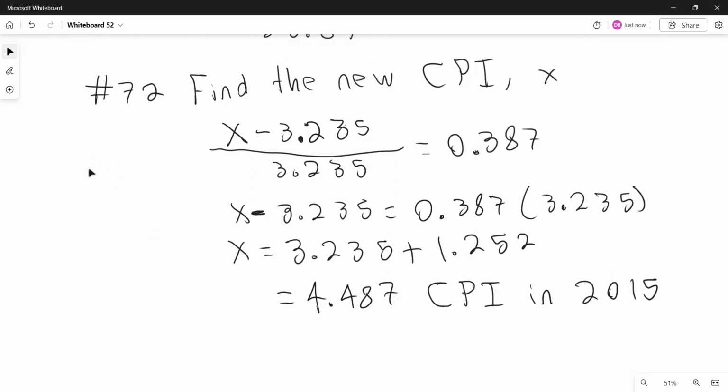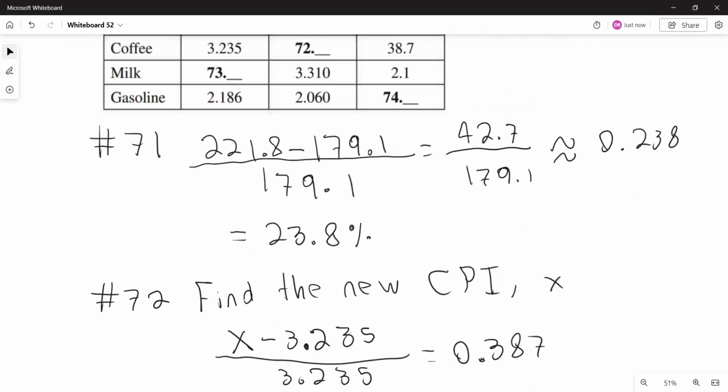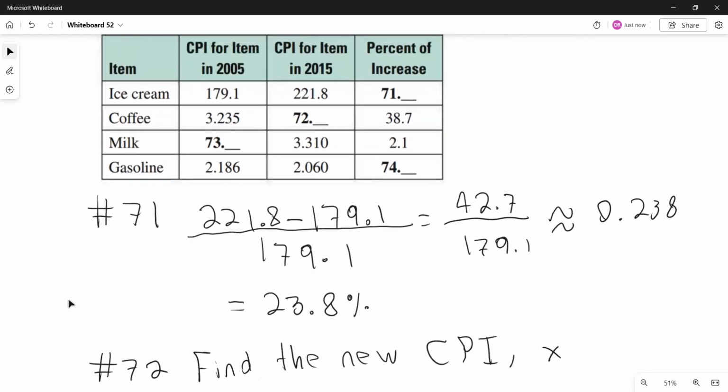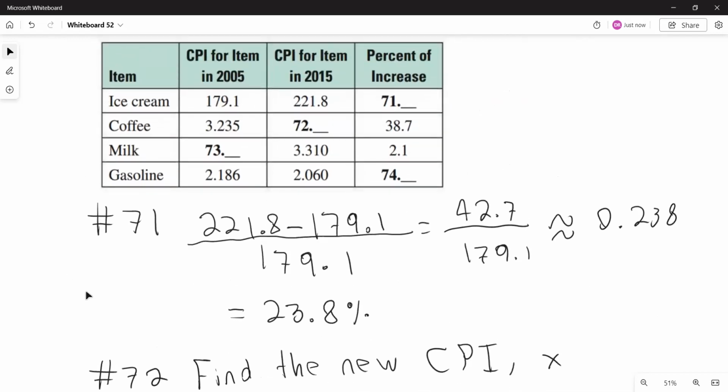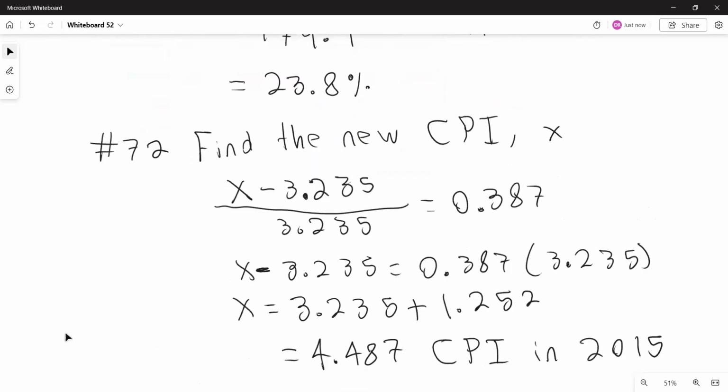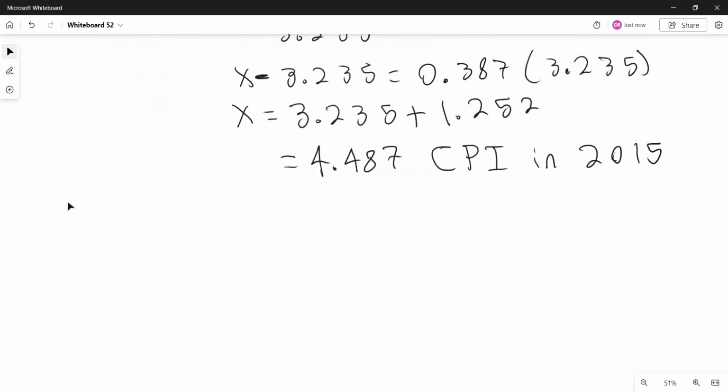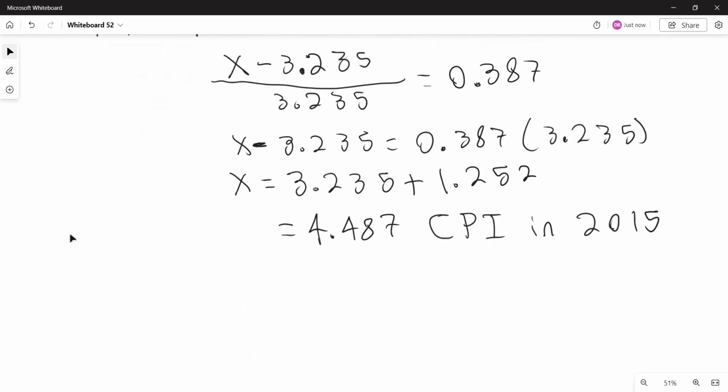Number 73, you need to find the base CPI for milk in 2005. They give you the CPI for milk in 2015 and the percent of increase. So we're going to call this X. That denotes the consumer price index in 2005.